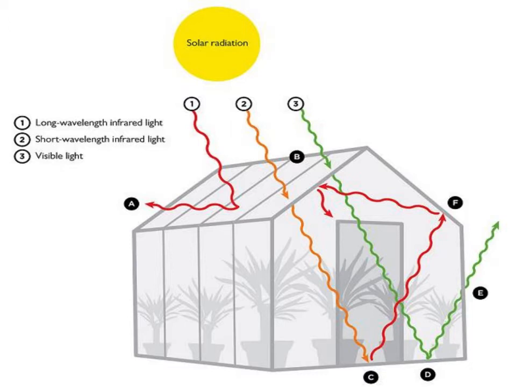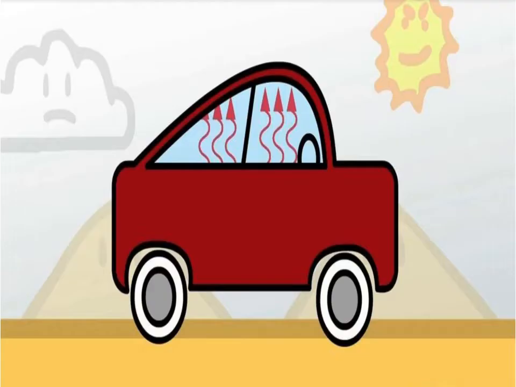And visible light, of course, number 3, comes and goes back. It doesn't get affected by the glass. Glass is transparent for that. So this is how the greenhouse effect takes place. Practically, we have experienced that too. If you go in a vehicle, a car, you have seen that inside the car, if you don't put the AC on and everything is glass, you find the temperature much hotter than outside. That is also the greenhouse effect.